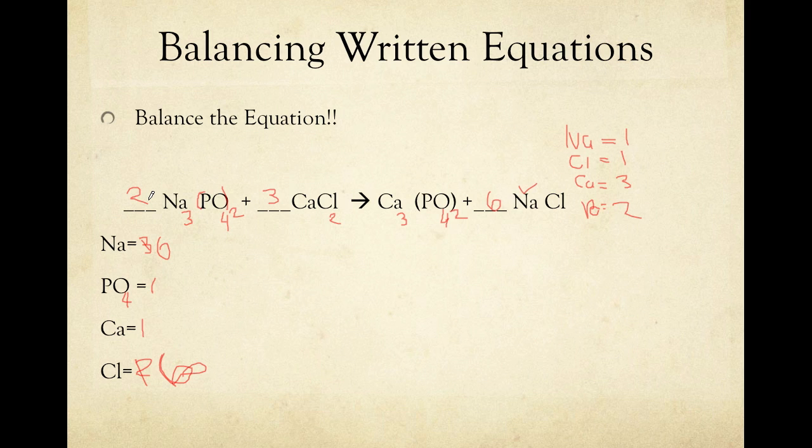So the balanced equation would be 2 Na3PO4 plus 3 CaCl2 yields Ca3(PO4)2 plus 6 NaCl.